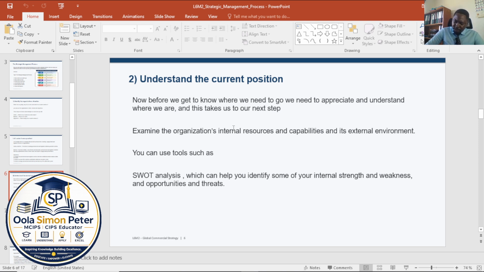Now we can use many tools to help us identify our current position. For example, we have what we call the SWOT analysis, which can actually help you come up with internal strengths. SWOT in full is strengths, weaknesses, opportunities, and threats. So SWOT analysis has helped many businesses to be able to identify their current position.